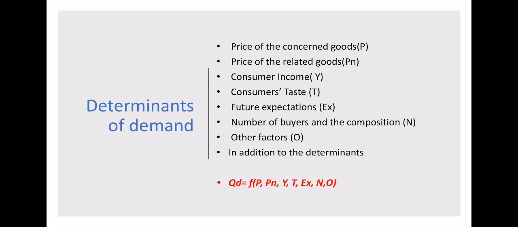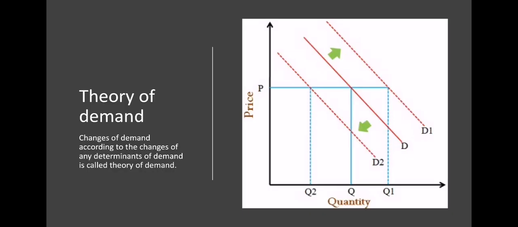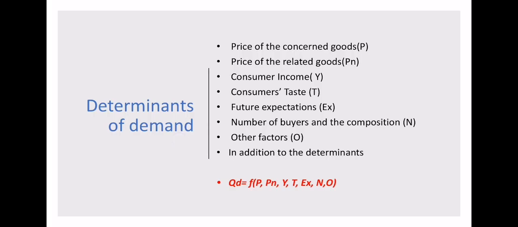Then future expectations: if you expect that the price will fall in the future, then you won't buy it now, you'll wait till the price falls. Then the number of buyers. If there are more buyers for a certain good, obviously demand will increase. And then there are other factors such as government subsidies and government regulations, which we'll learn later.